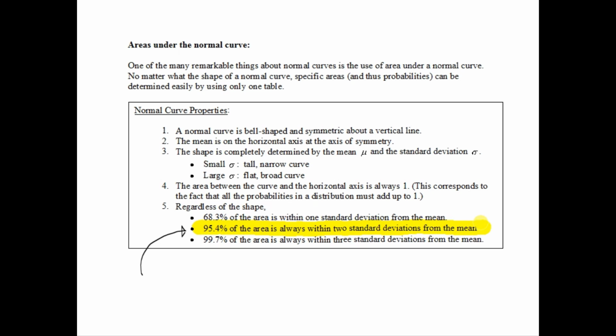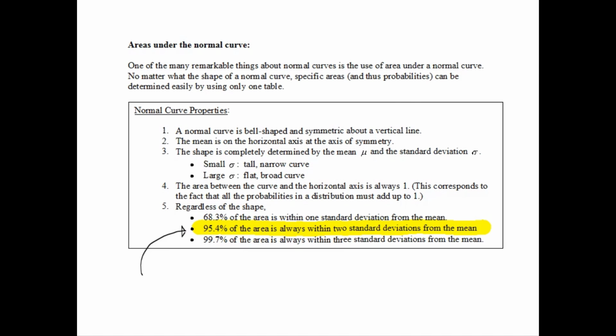And so it's helpful if you can remember these numbers. And often you can use this: 68% for within 1 standard deviation, 95.4 within 2, 99.7 within 3. A lot of times we can use that to check our answers, even if we're not looking at exactly 1, 2, or 3 standard deviations from the mean, we can look to see if our answer seems to be reasonable.